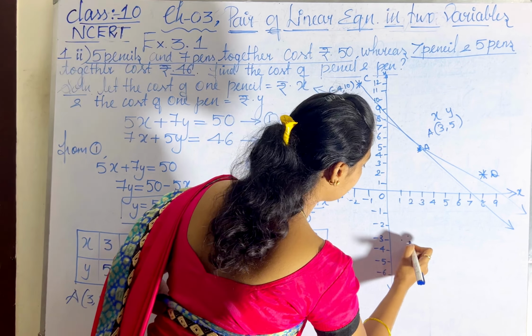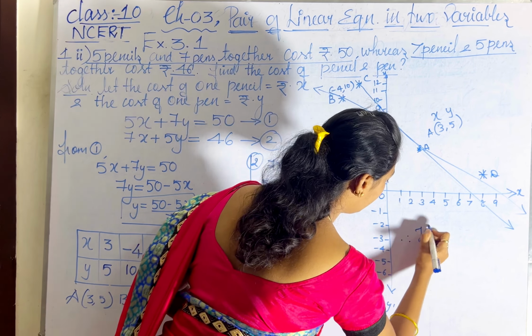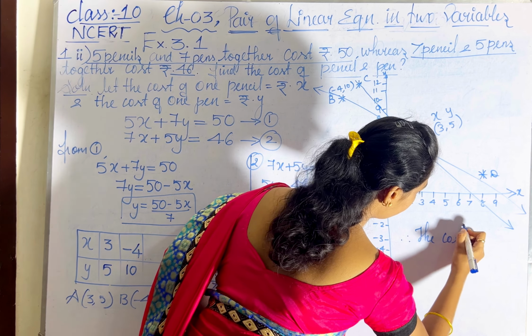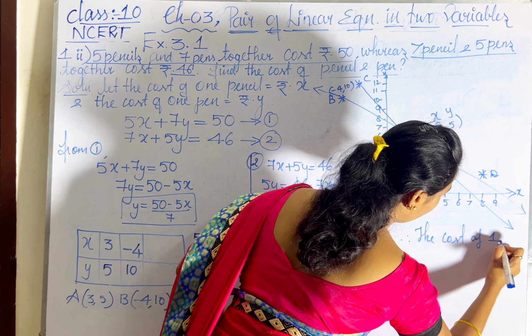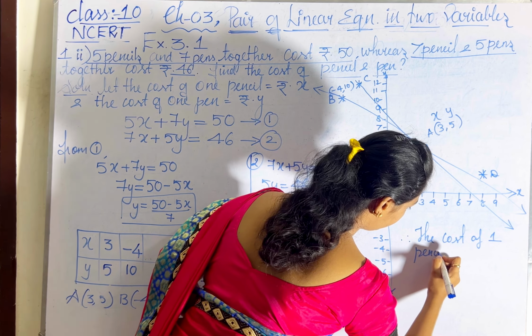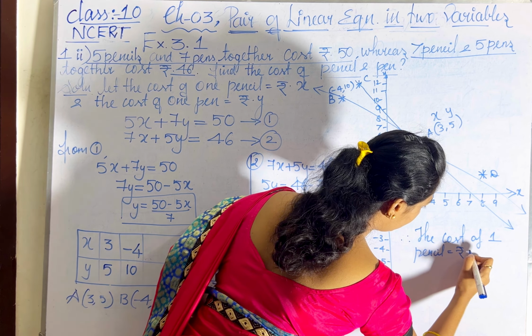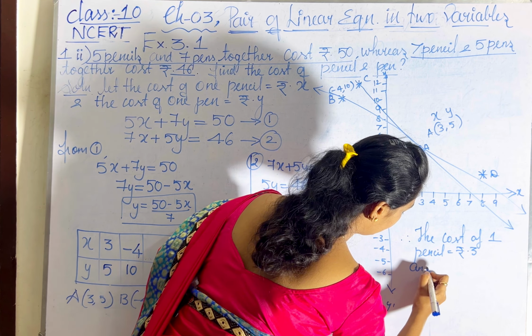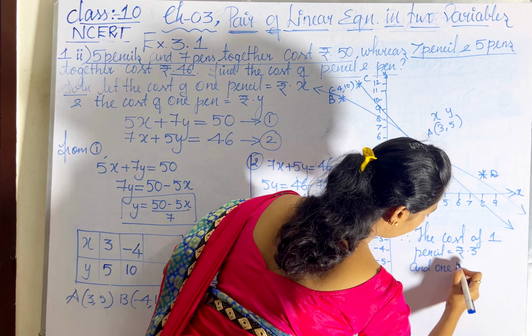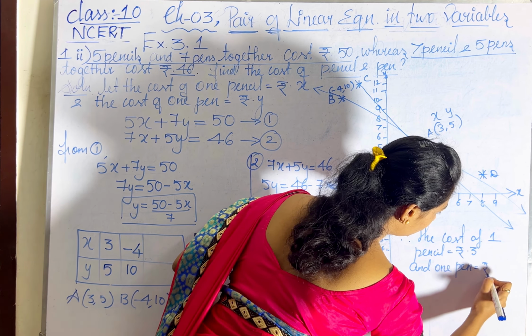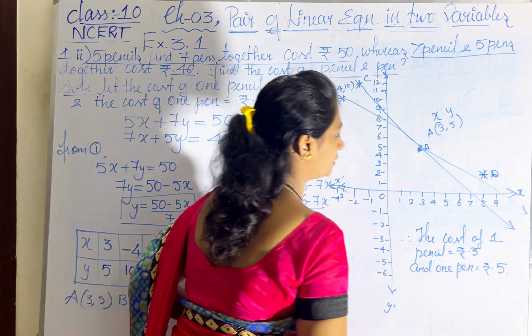So from the graph, you can understand that the cost of one pencil equal to 3 rupees and one pen equal to 5 rupees.